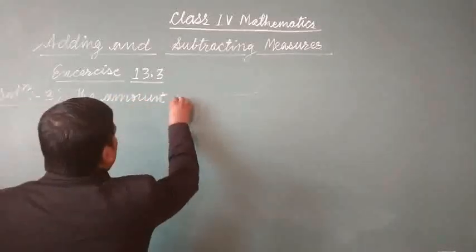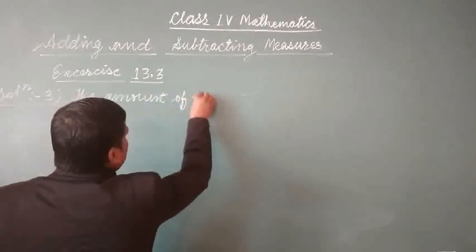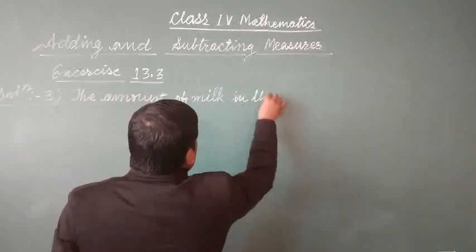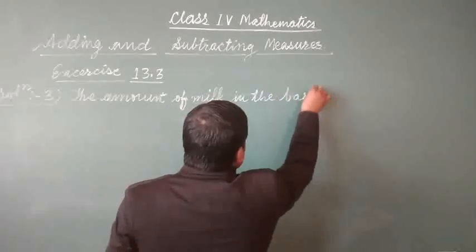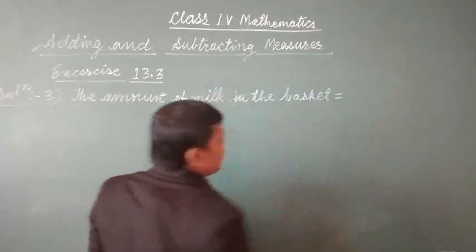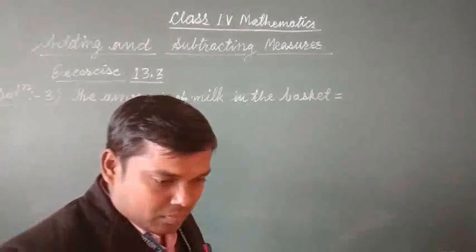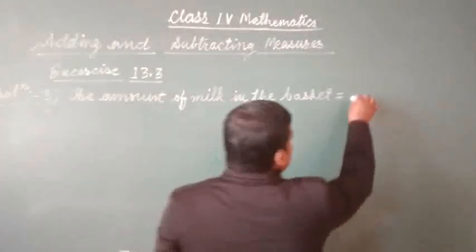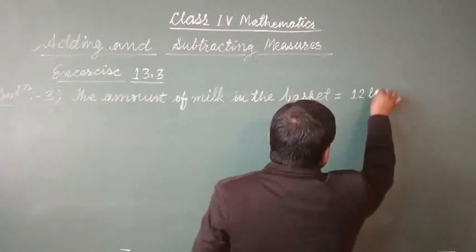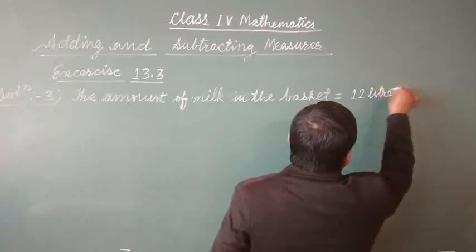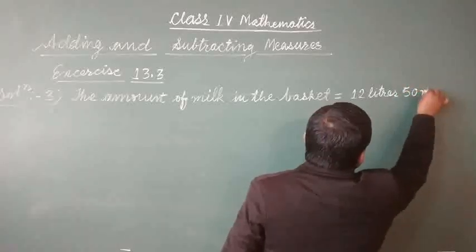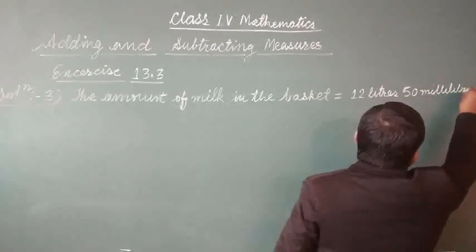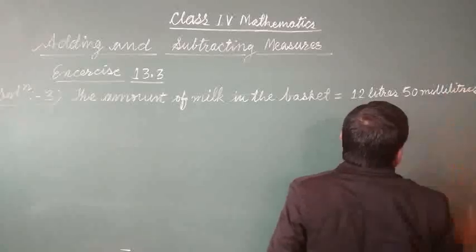The amount of milk in the basket is equal to 12 liter 50 milliliter. 12 liters 50 milliliters.